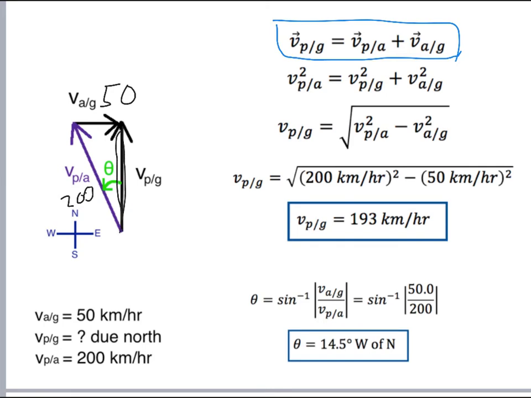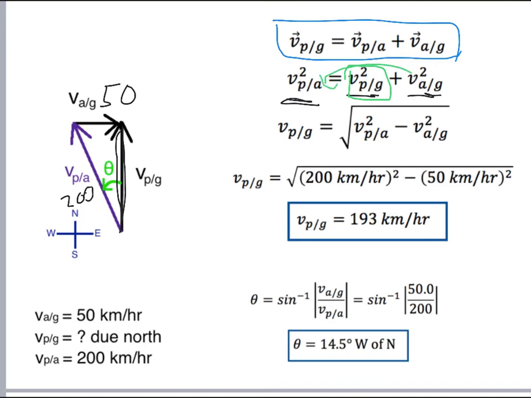So forget the vectors for a minute and think of this just as lengths of sides of triangles. We know that this squared, that's the hypotenuse squared, is equal to that squared plus that squared, the squares of the other two sides. And we want to solve for this guy right here, Vp/g. We want to know how long that guy is. And so if I bring this guy over here, it becomes negative.